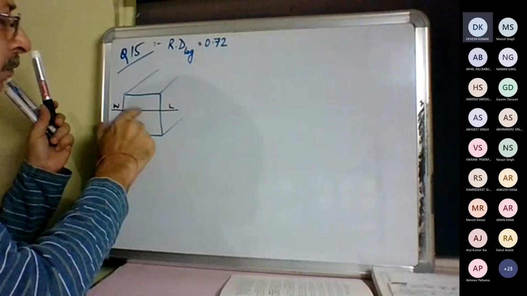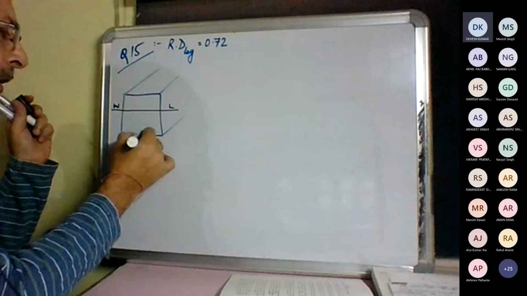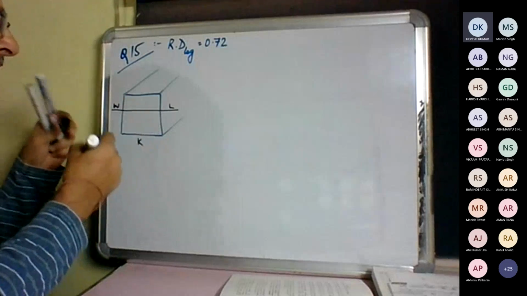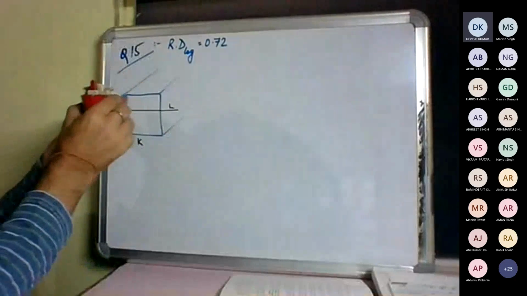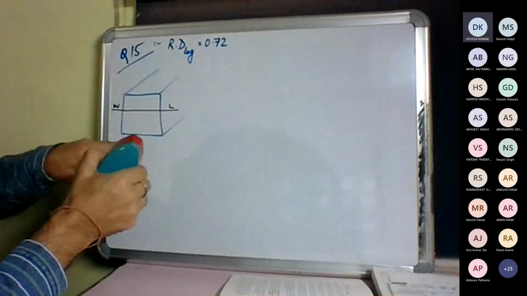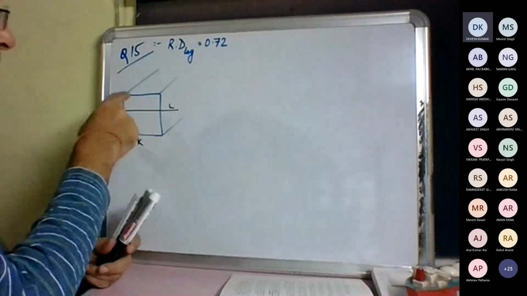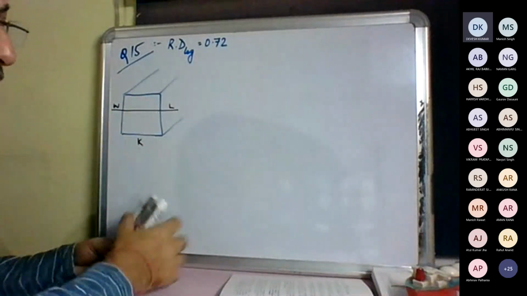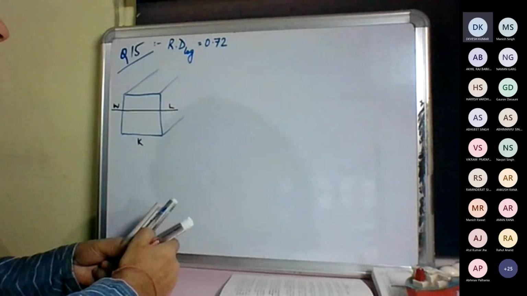That means I have to prove this will float upright and will not fall to one side. Because if it falls to this side, then the water line will not be parallel to the side. So I have to prove that it will float upright. That is what I have to do.